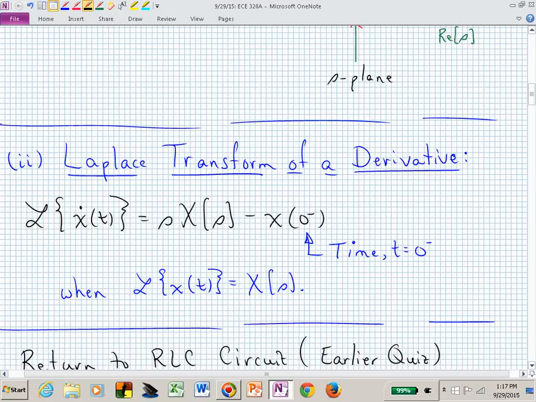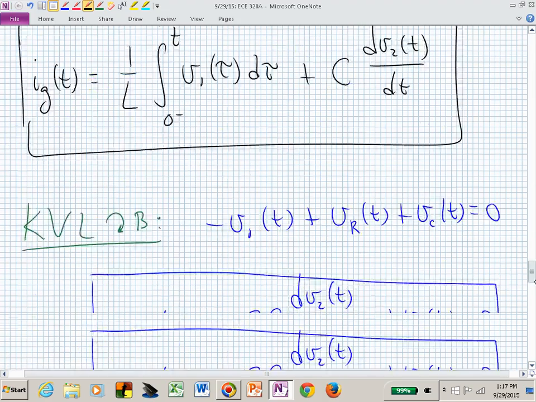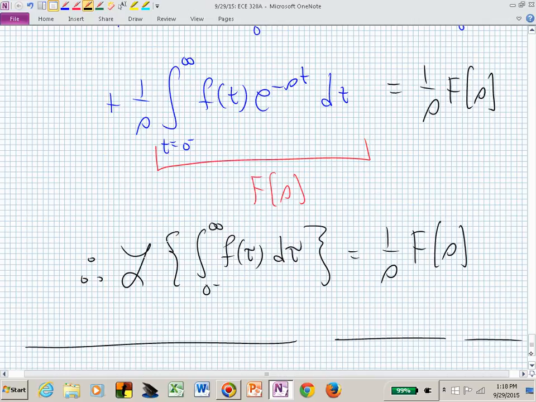We differentiate. That's equivalent to doing what in the frequency domain? Multiplying by s. We integrate in the time domain. That's equivalent to what in the frequency domain? Dividing. These are reciprocal operations in the frequency domain. We simply have to multiply and divide in the frequency domain and not differentiate and integrate in the time domain. That's why we like the Laplace. Now we just have to do more algebra than calculus.